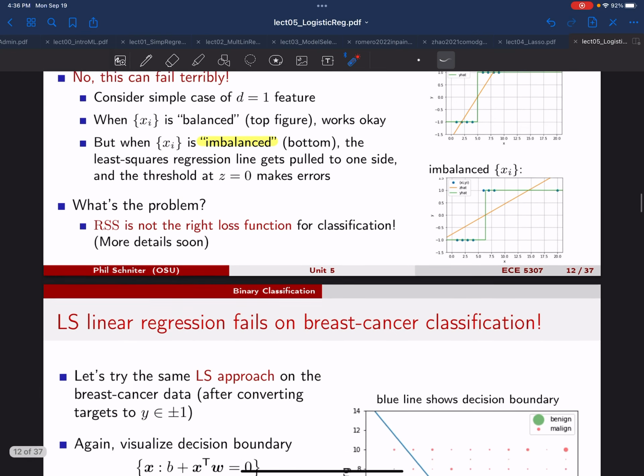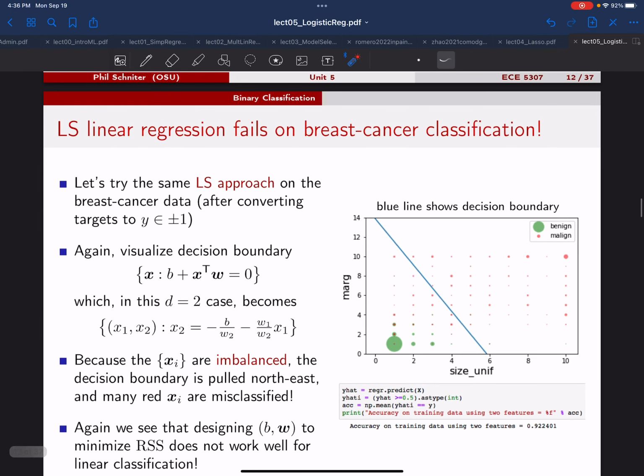All right. We can also look at what happens with our breast cancer demo. Here again, we're just looking at two of the features. If we're doing linear classification just by eye, as a human, I would probably place a line somewhere around here, because I have a lot of green here and a lot of red here.